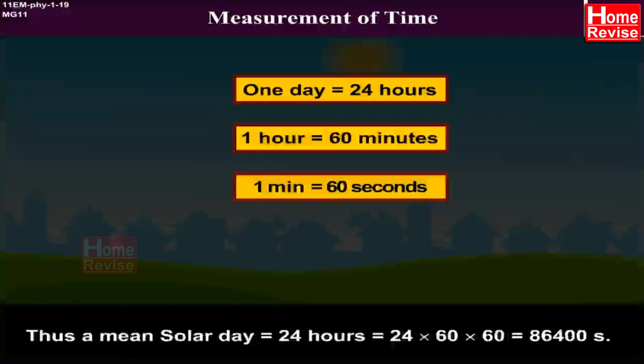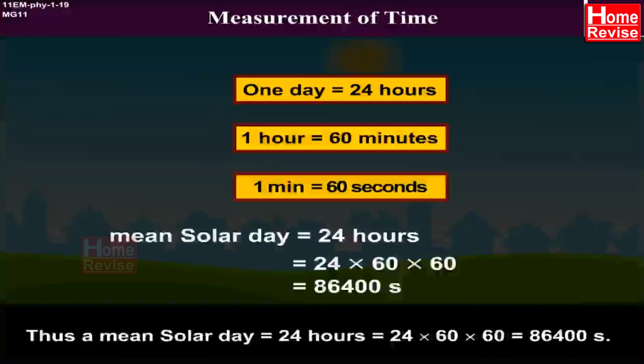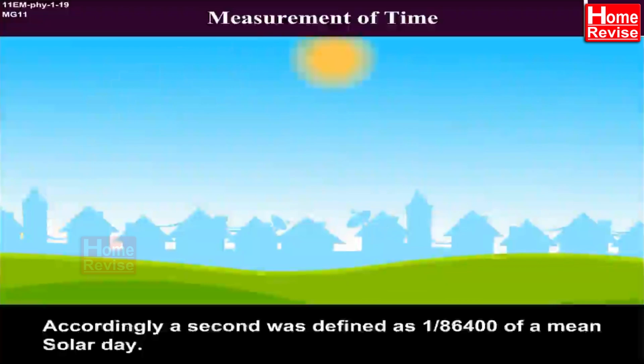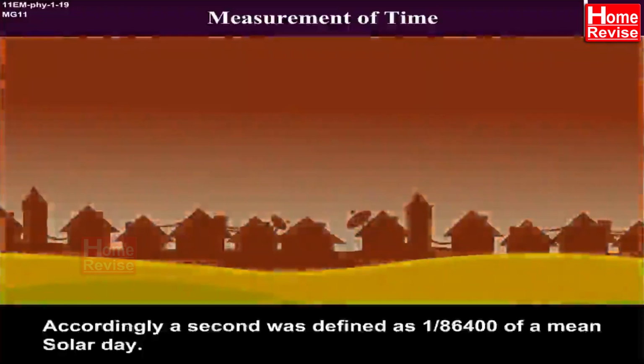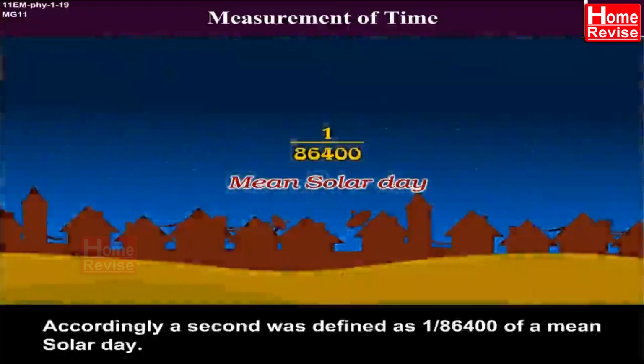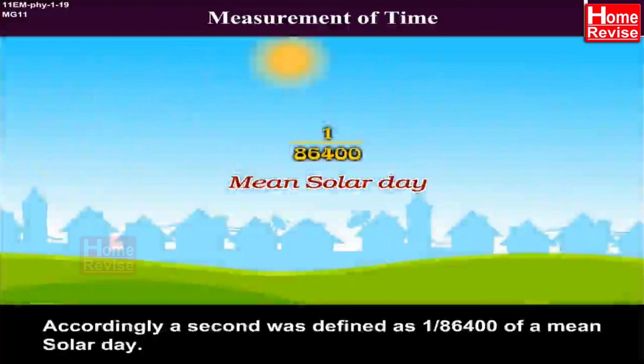Thus, a mean solar day is equal to 24 hours, which is equal to 24 into 60 into 60, which equals 86,400 second. Accordingly, a second was defined as 1 upon 86,400 of a mean solar day.